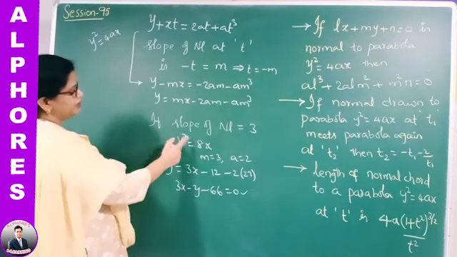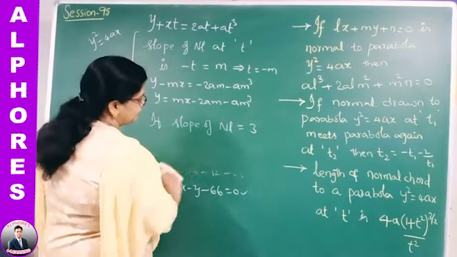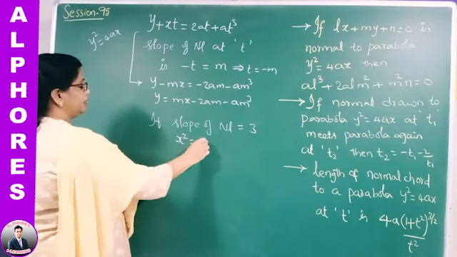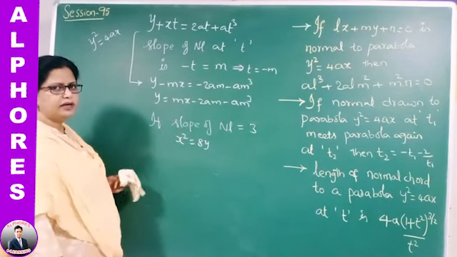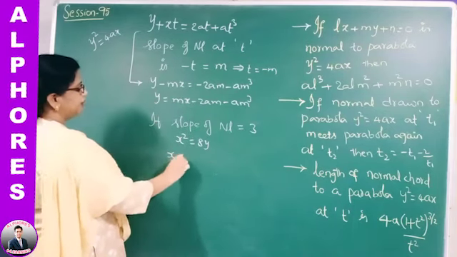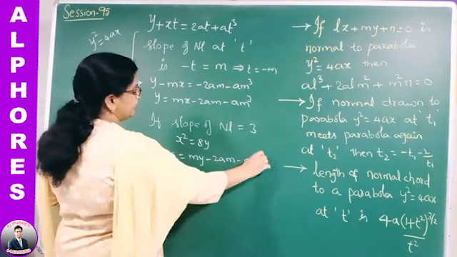Whenever it is given, suppose x square equal to 8y, then what about the equation of normal? Just interchange these values, that is x equal to my, remaining are same, minus 2am minus am cube.